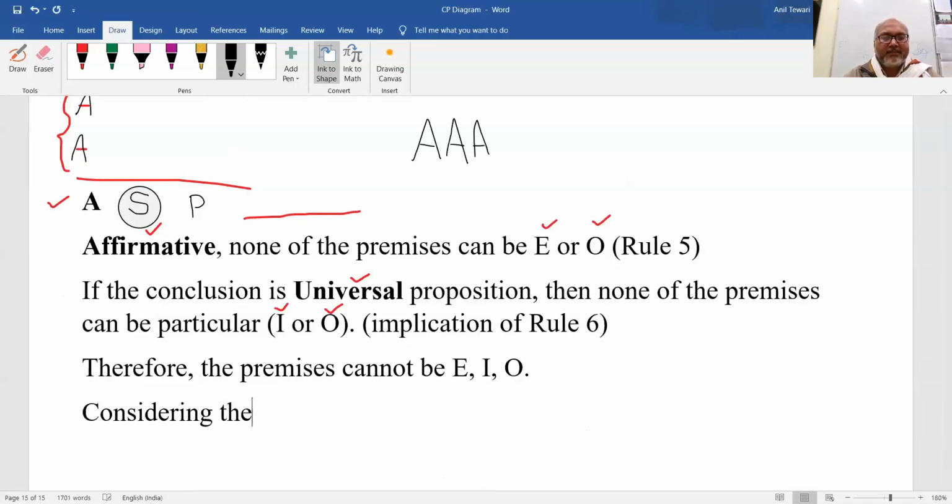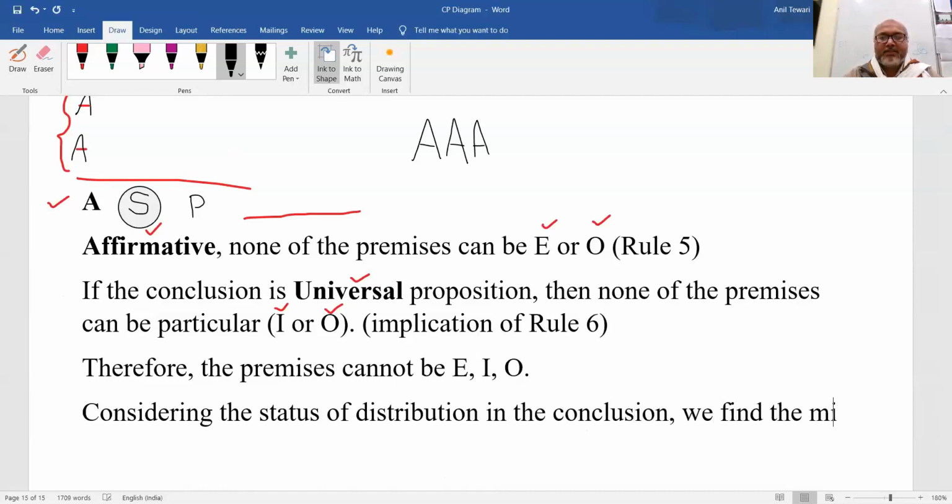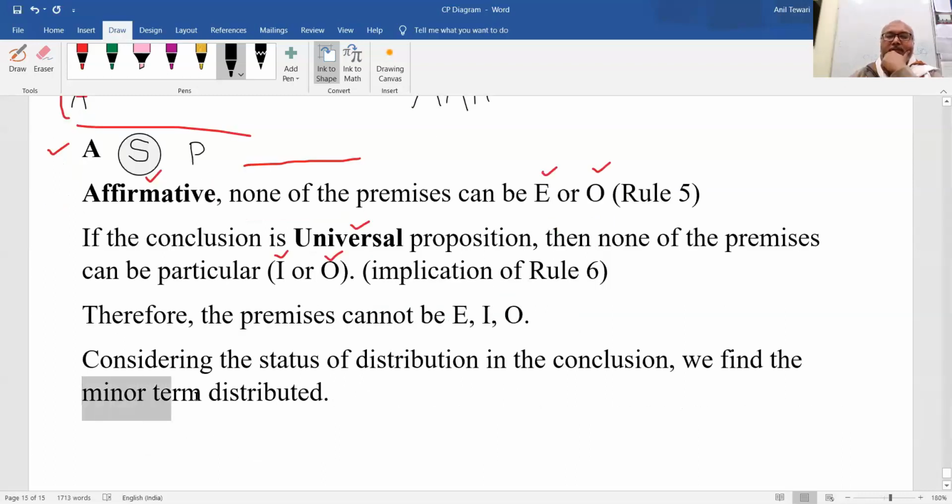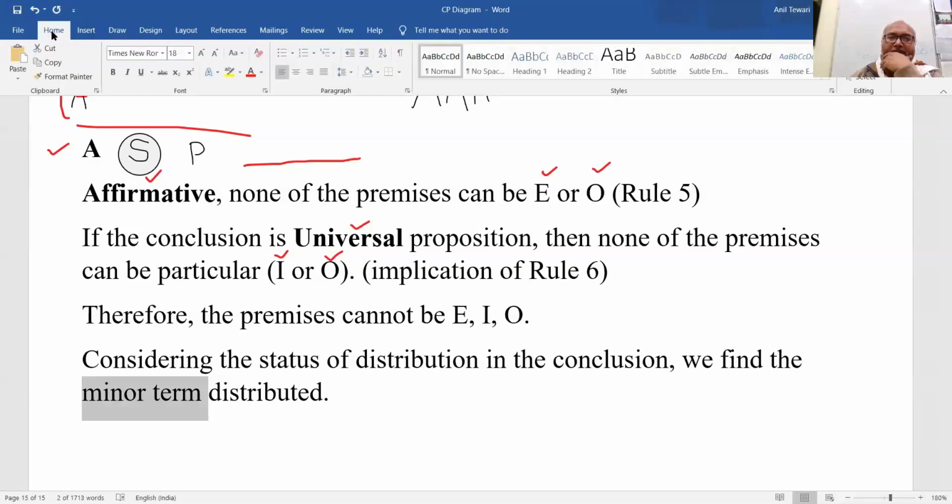Considering the status of distribution in the conclusion, we find the minor term distributed. आपको क्या मिला कि minor term distributed है, एक information और मिली, which means the minor term must be distributed in minor premise.